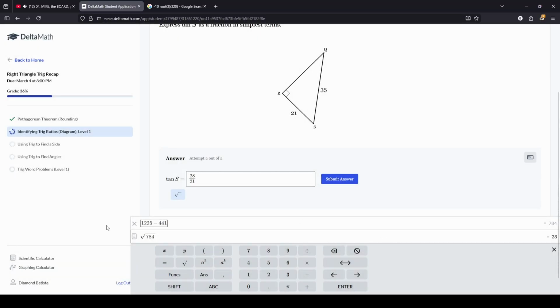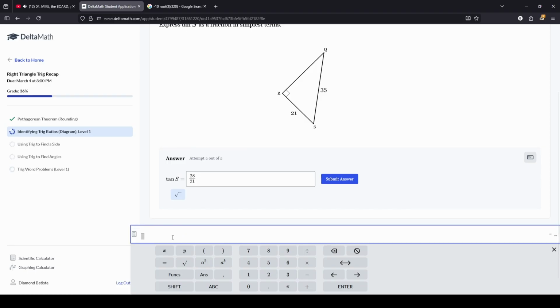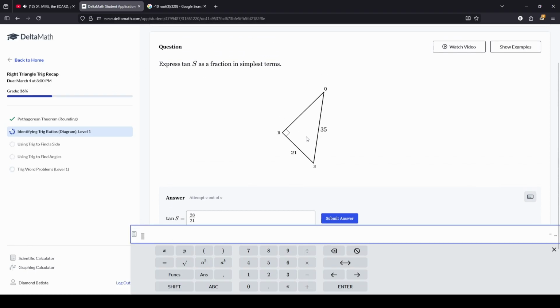Holy moly, I immediately forgot that I have to simplify this. Wait, make sure real quick. S. Holy. It almost happened again! Holy, it almost happened! Okay, no. S means S is at the bottom, right?